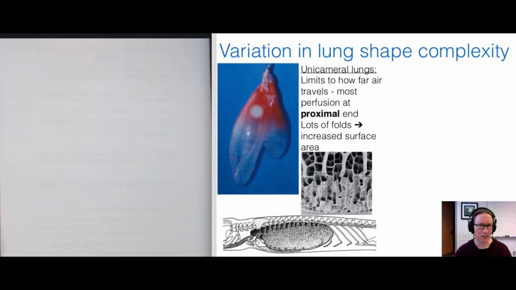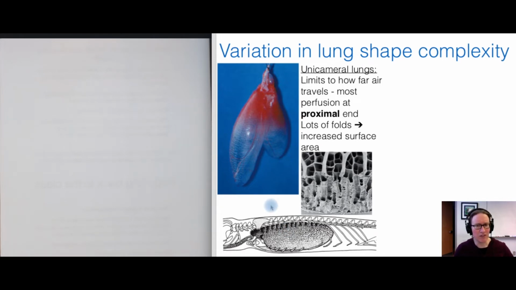So this photo illustrates that most of the vascularization, so most of the blood flow to the reptile lung for those that have unicameral lungs, is in the proximal portion of that lung. And here is just a side view of a reptile that has this style of unicameral lung.